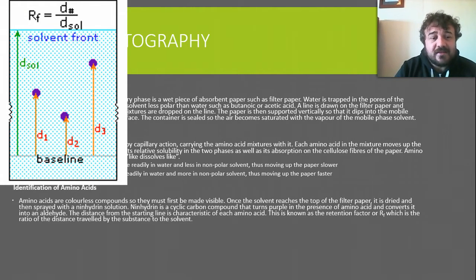And we get something like this. The amino acids are colorless, so we add ninhydrin, as we talked about in the previous lesson, and it takes the nitrogens out of the amino acids to make the purple chemical. The purple complex is the right way to say it. Then we use this formula here. You've got your solvent front, and it creates a ratio.